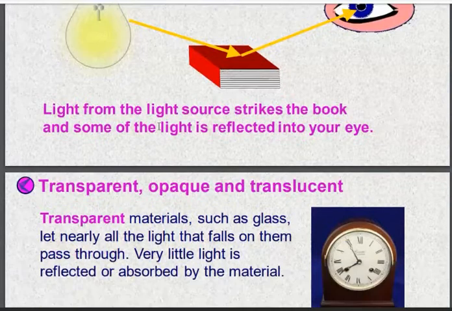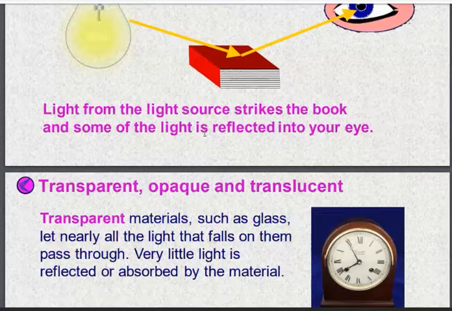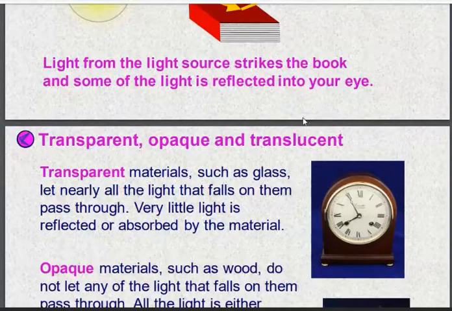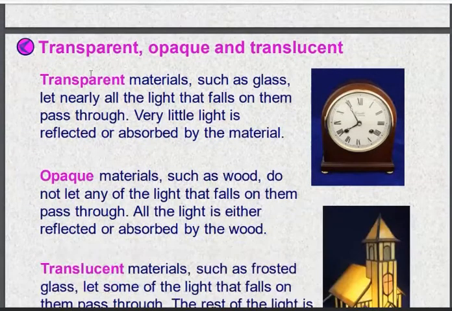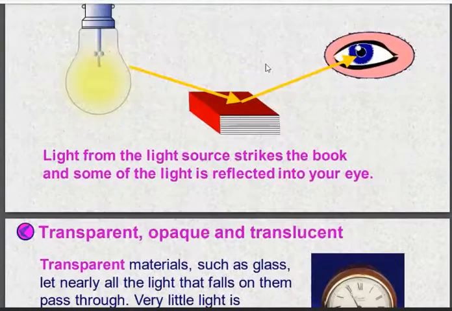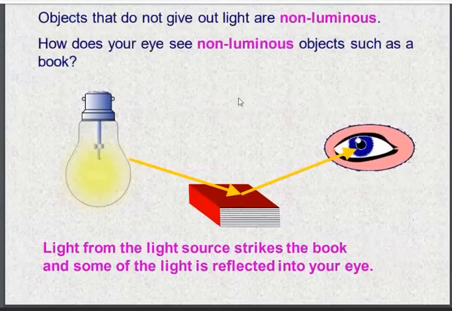So light from the light source strikes the book, and some of the light is reflected into your eyes, and this reflected light is converted into an electrical signal and then transmitted to your brain, and then you realize that that object is whatever.